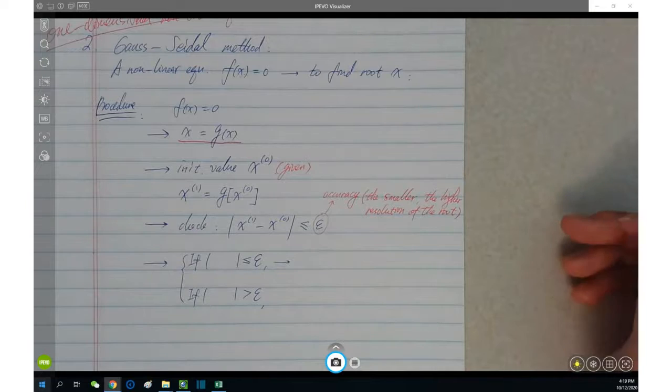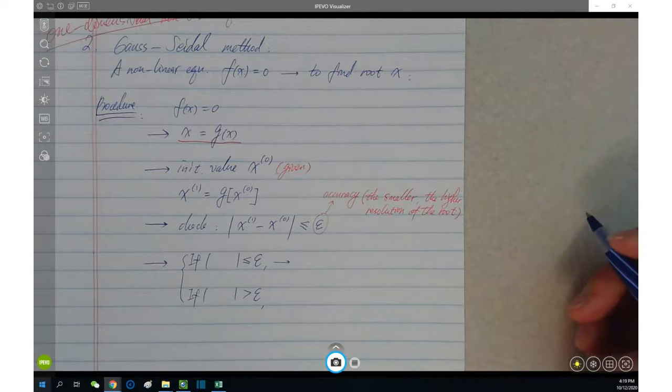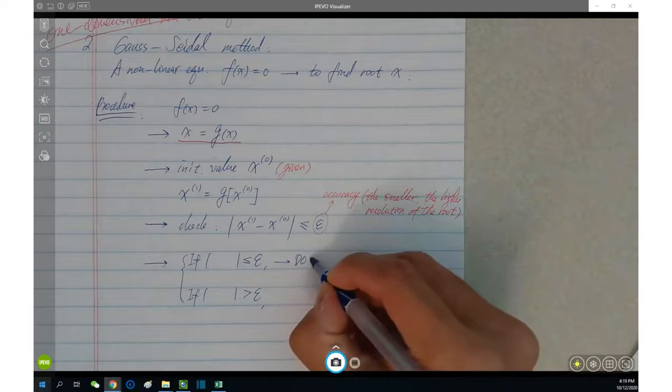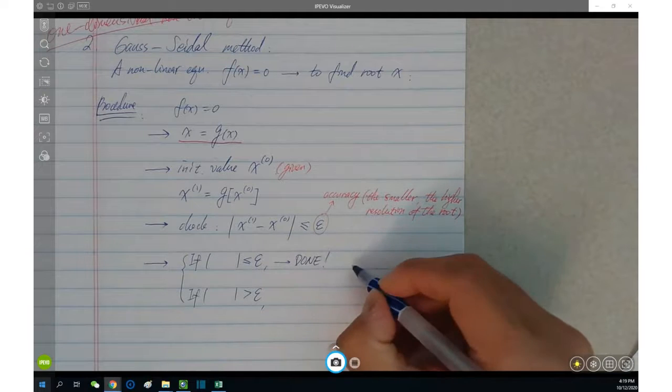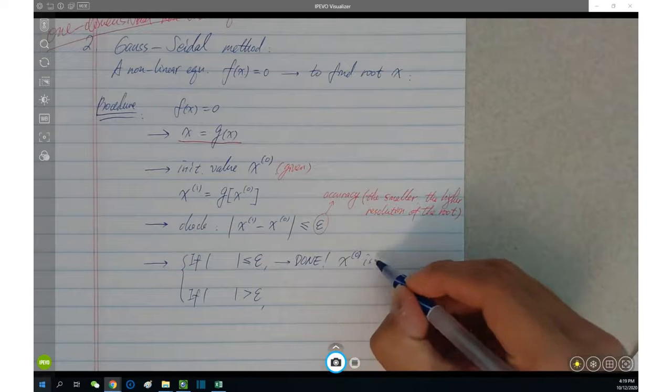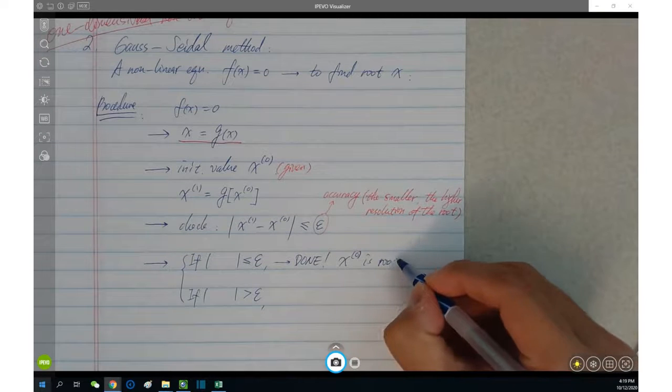Anyone remember? We say hooray, right? What does that mean? We're done. And who is the solution? The initial value is the solution, or say the root.